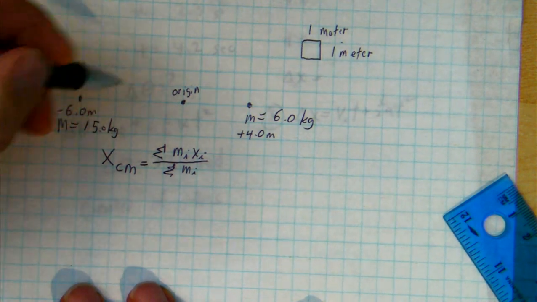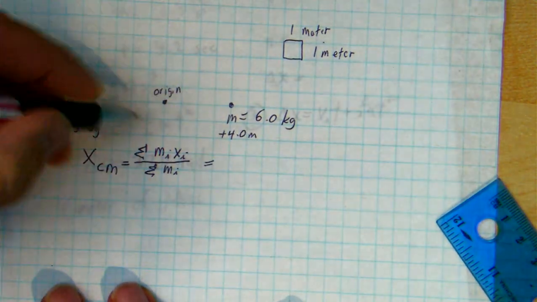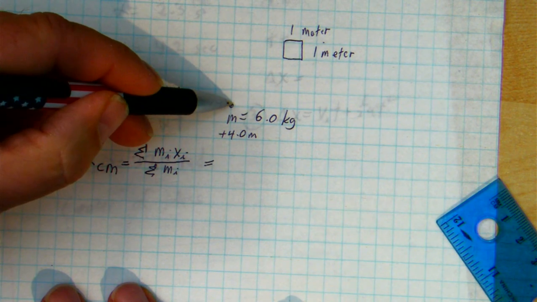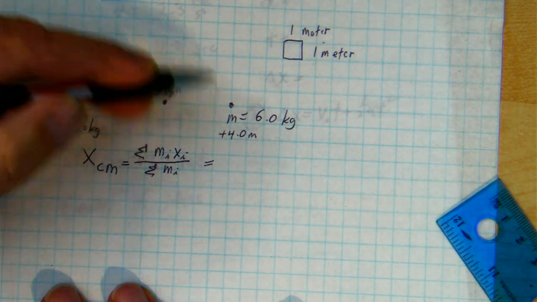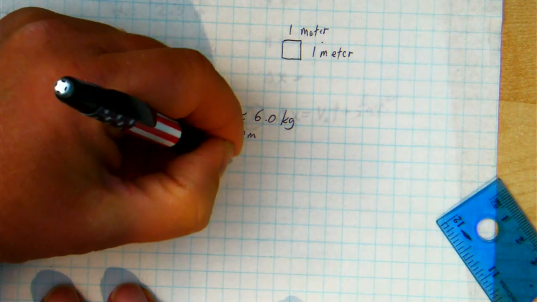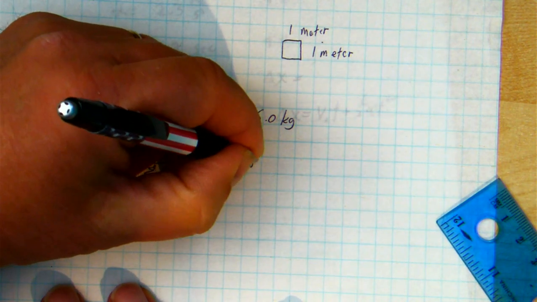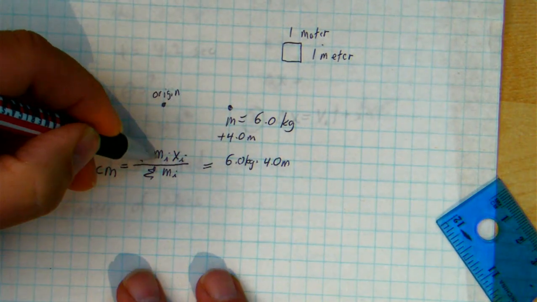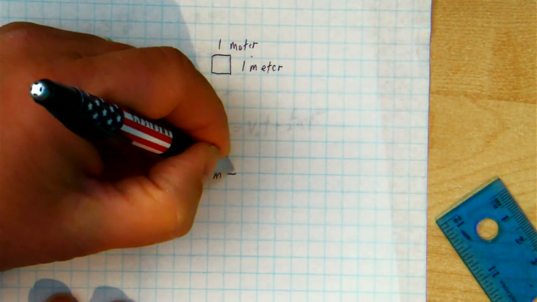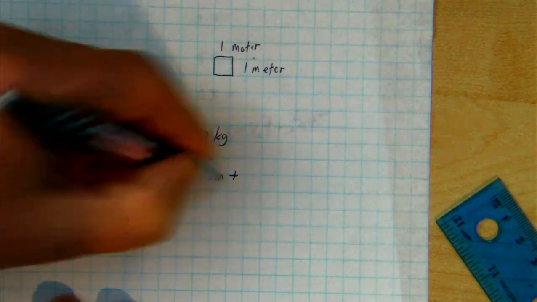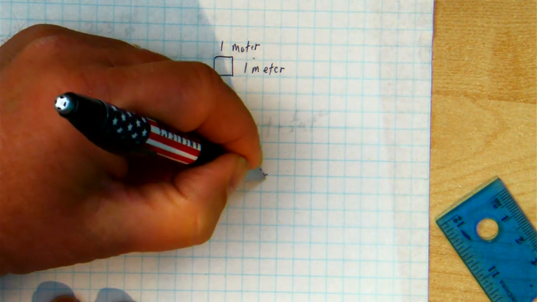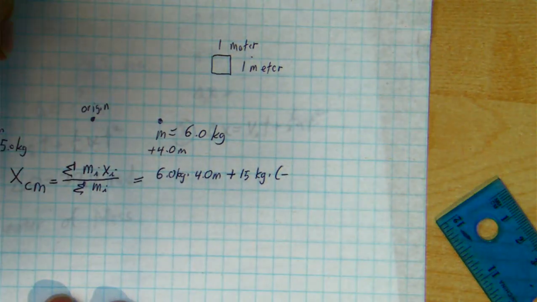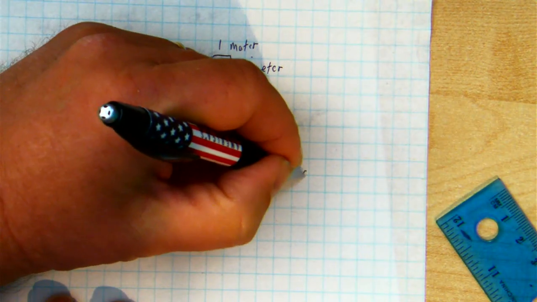So in this example, this means the sum of the mass times its position for each one of these two objects. So 6 kilograms times 4 meters would be the first product. Now add to that 15 kilograms times negative 6 meters.